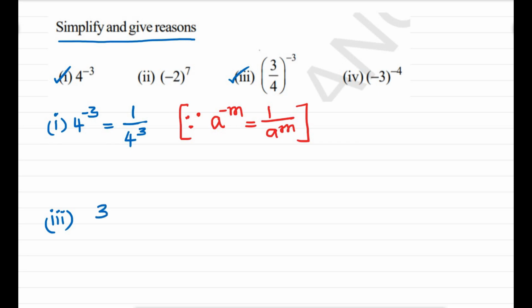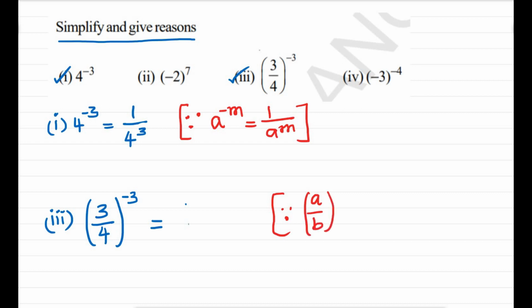So number 3 is 3 by 4 whole power minus 3, that can be written as 3 by 4 whole power minus 3, no? So this will be reversed. Using the identity, I'll write the first identity: a by b whole power minus m can be written as b by a whole to the power of m.